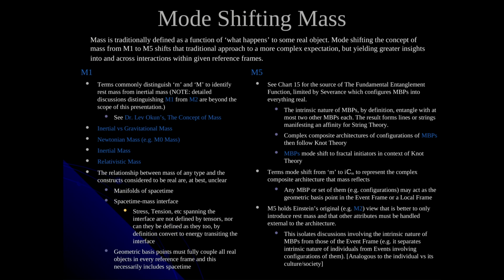And when we distinguish M1 from M2, for example, and we look at inertia and momentum, and we look at our ability to articulate a kinetic architecture, we really need to externalize those other parameters, and that's why M5 has a greater affinity with M2 than it did with M1.